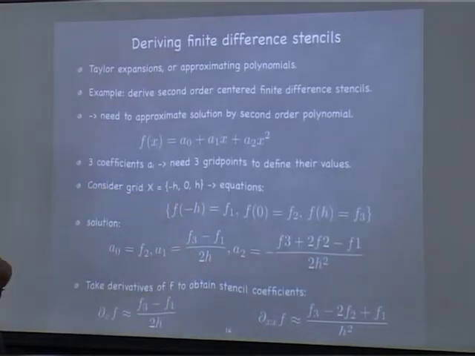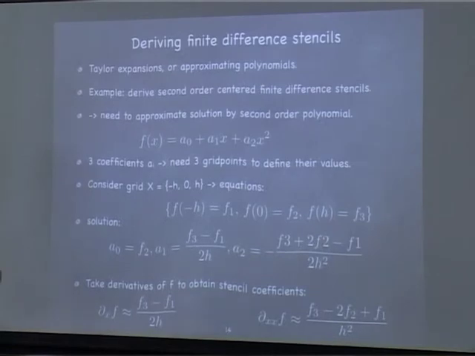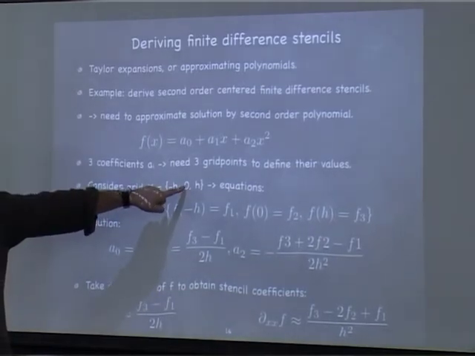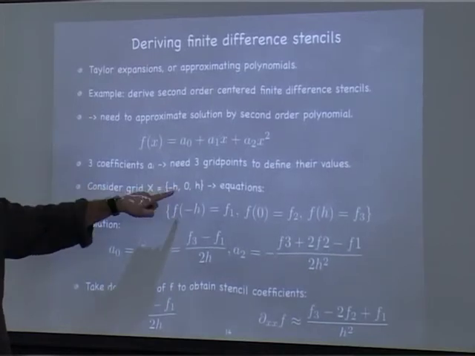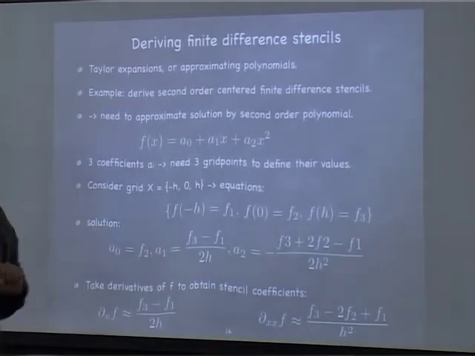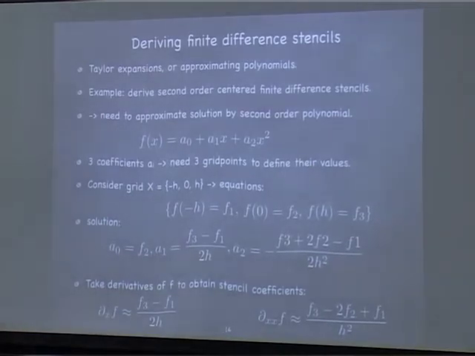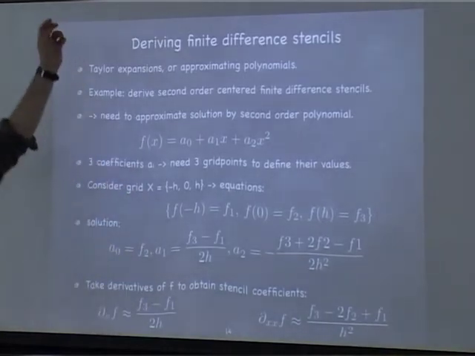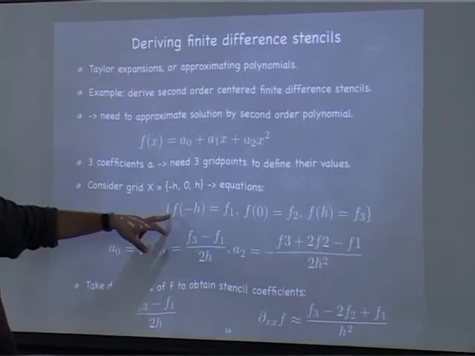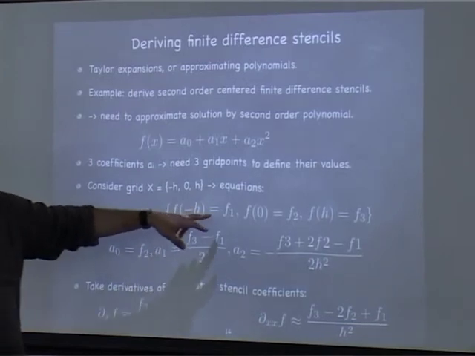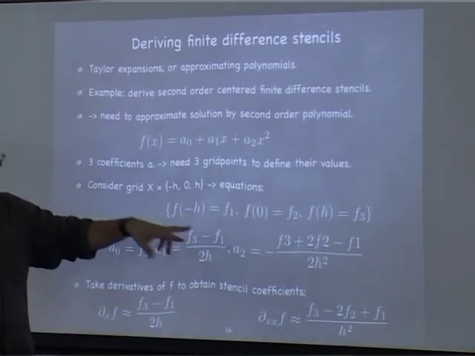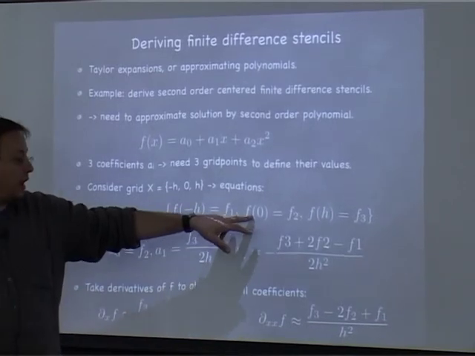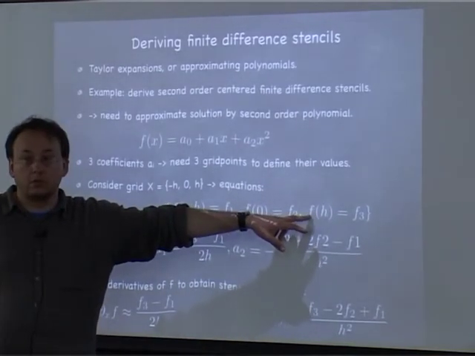We want a centered formula, which means that we want to evaluate the expression for the derivative at grid point 0 using values at all the 3 grid points. Having that set up, we get equations. The function at position minus h is going to be some value, which I call f1, and so forth for the other 2.